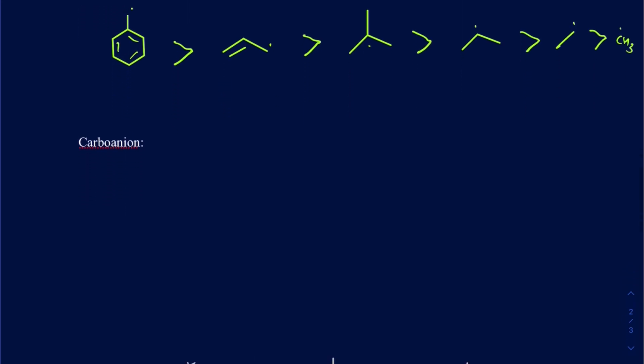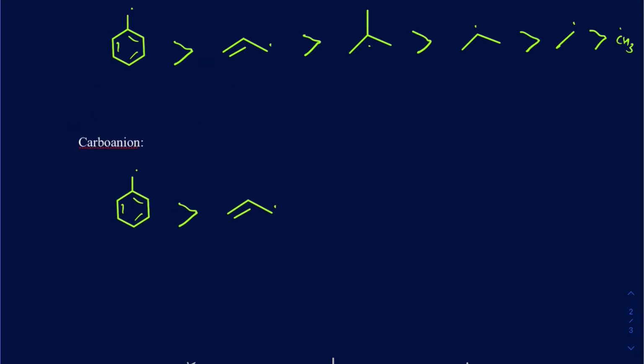When it comes to carbanions, that's like going back to the stability of conjugate bases. And remember, when you have a negative charge on the carbon, the better you can relocate that negative charge, the better off you are. In terms of relocating, obviously, you want to have resonances. That's going to be the best way to relocate your negative charge.